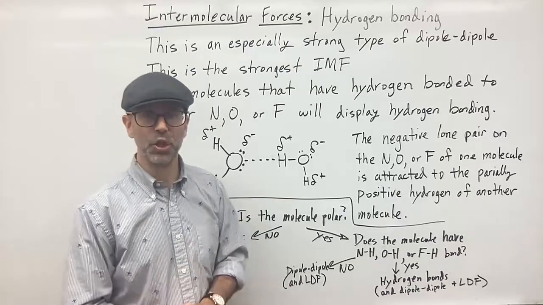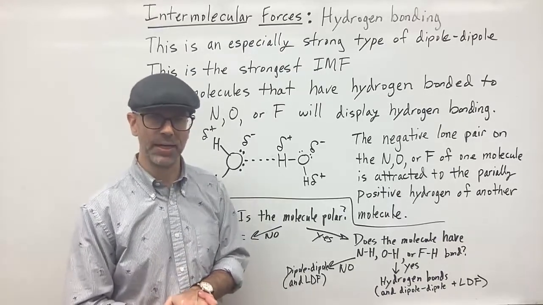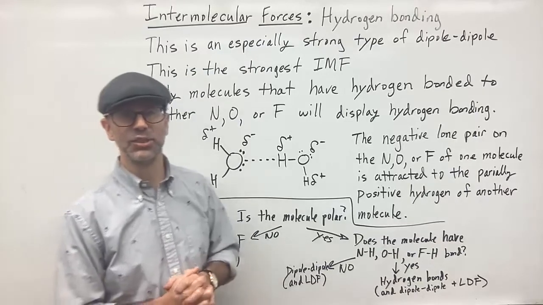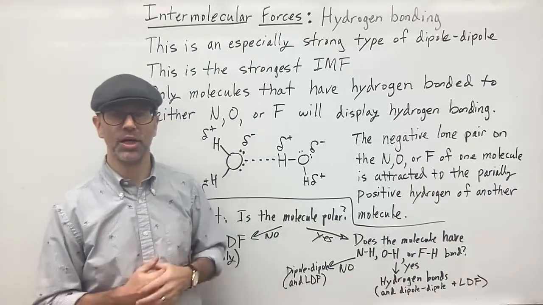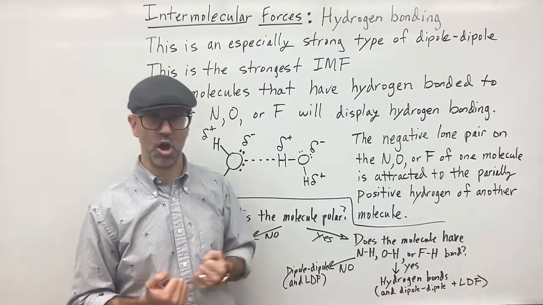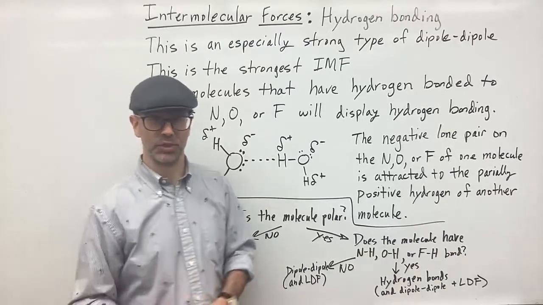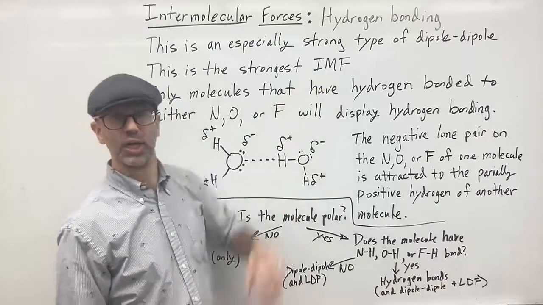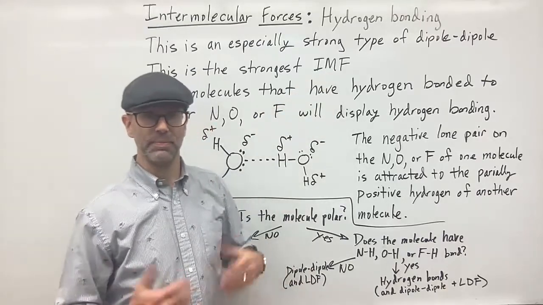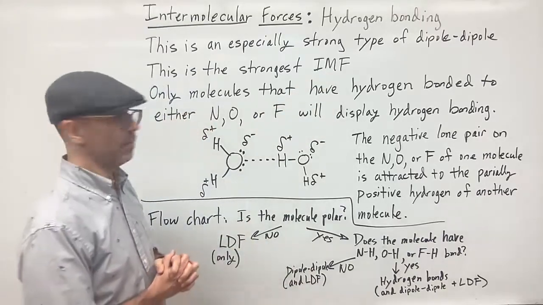Okay, what about this third category called hydrogen bonding? This is essentially a strong type of dipole-dipole. It's an especially strong dipole-dipole interaction, and it's the strongest of the intermolecular forces, or IMF. And why is that?